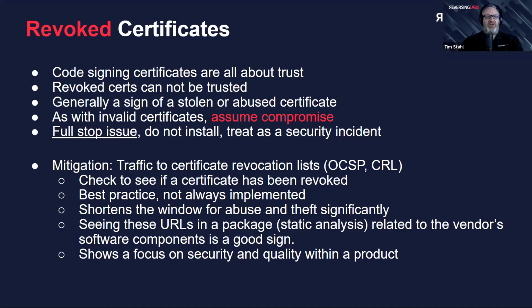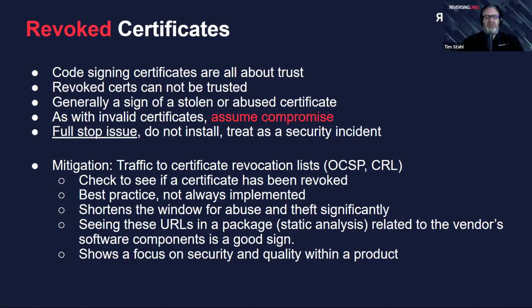So you'll see traffic in your package, right? If you have a tool that does static analysis, it will tell you all these things, what traffic it can generate, what URLs are embedded in the software, what it might contact, that kind of thing. You hope to see any domains that are OCSP dot whatever or CRL dot whatever.